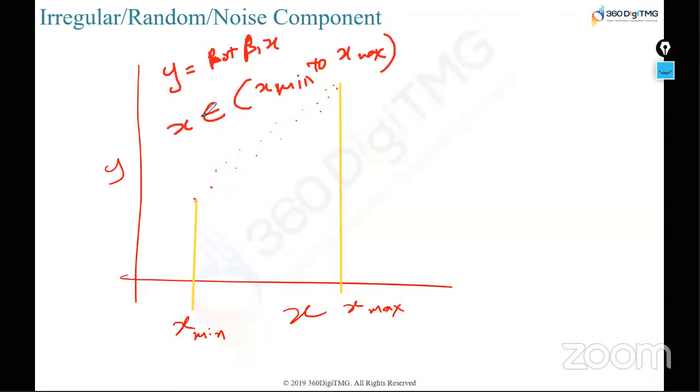My x, the input, the future values, my model is only going to work for the limits for which my model was originally defined. If I have multilinear regression with multiple inputs, each of those inputs will have a max and min value, and only between those values can I build the model.